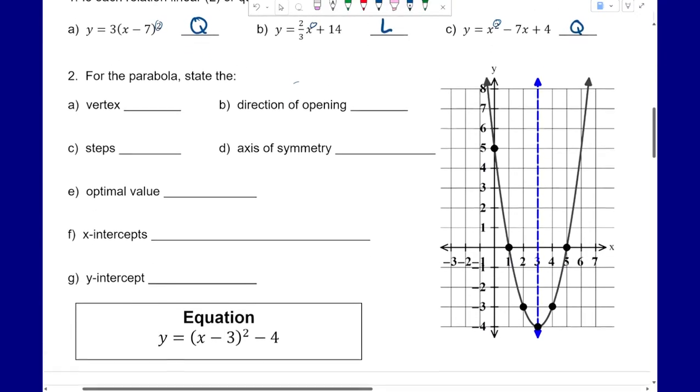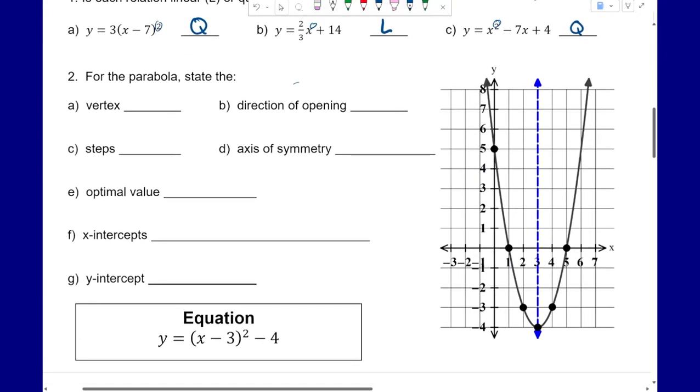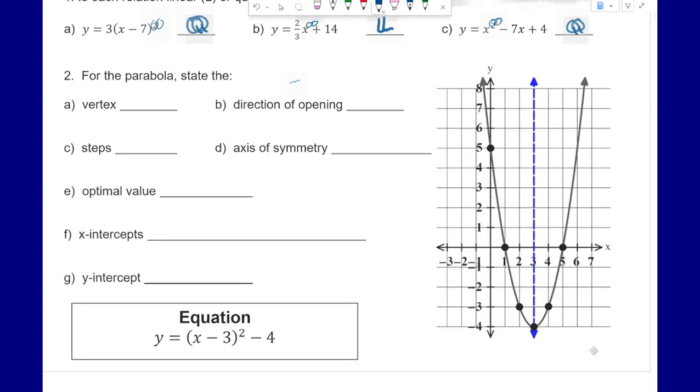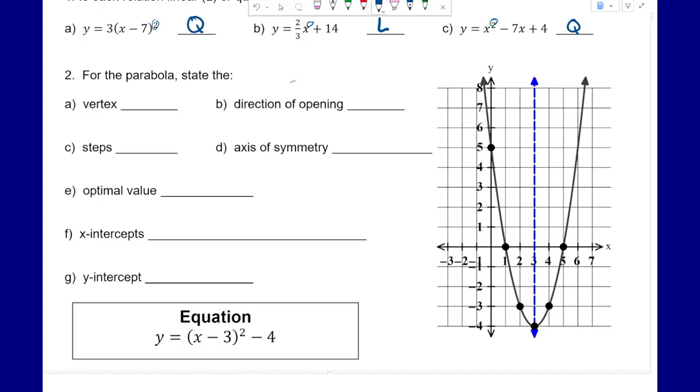So we see a quadratic here, or a parabola. We're given the equation below, y equals (x minus 3) squared minus 4, and I am also given the actual graph. I want to determine all of the different characteristics. So my vertex I want to find. The vertex, in red, is the lowest or the highest point.